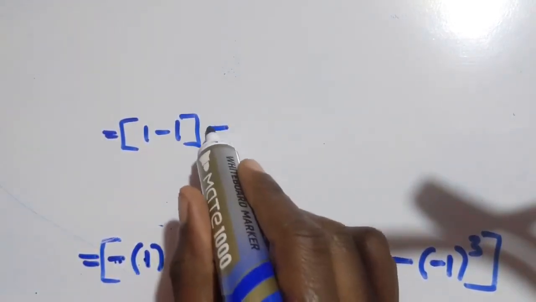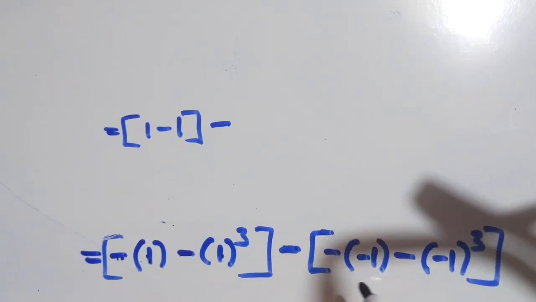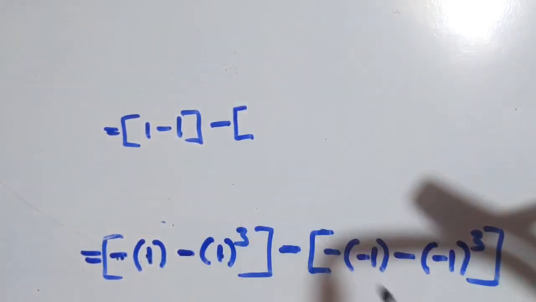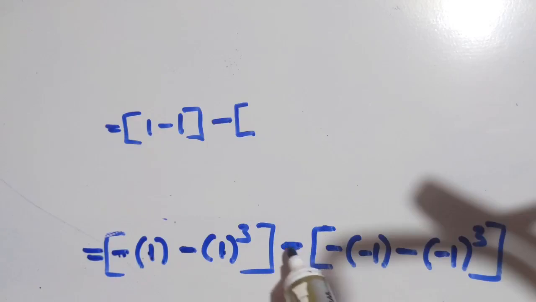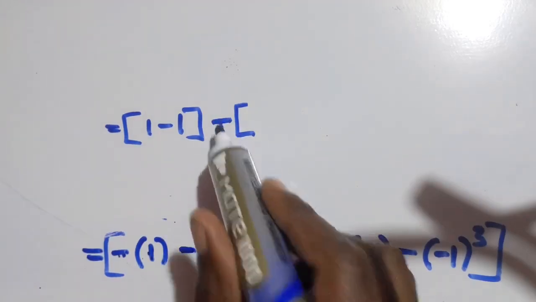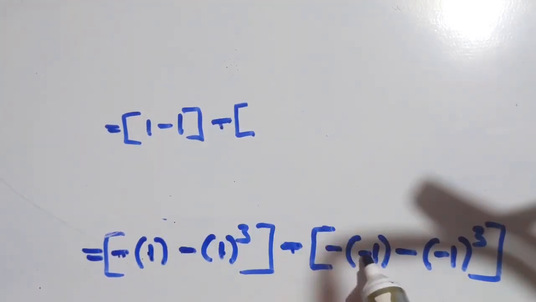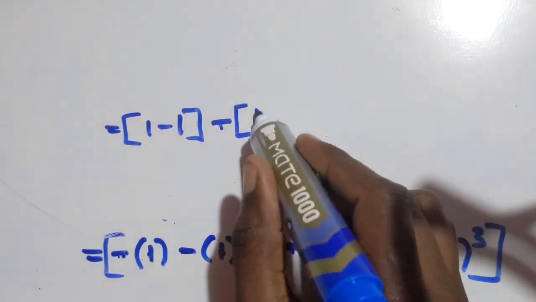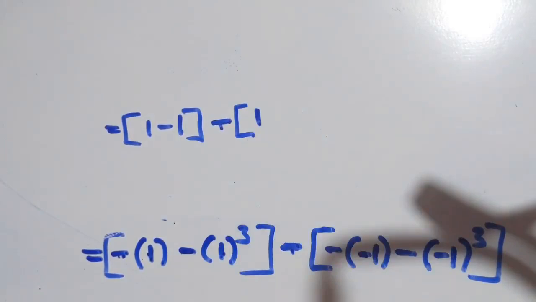This is the negative that I'm talking about there. So we are going to open the bracket like that. This negative, it is the one which is here. We are going to say negative times negative 1. So negative times negative, you know that it is positive. So it means that it's going to be positive 1 there.